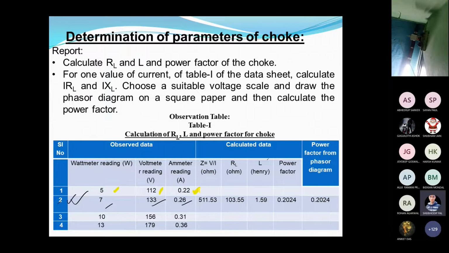Now these data you have to use in order to calculate the resistance, because it is an RL circuit. So what is the inductance? What is the power factor? Those things you have to calculate, so note it minutely. As you know, the power will be consumed at the resistor, the real power, and we can calculate it by this formula, W equals I squared RL. The W value we will get from the wattmeter, and the current from the ammeter.